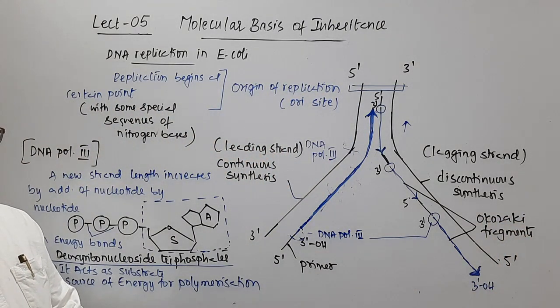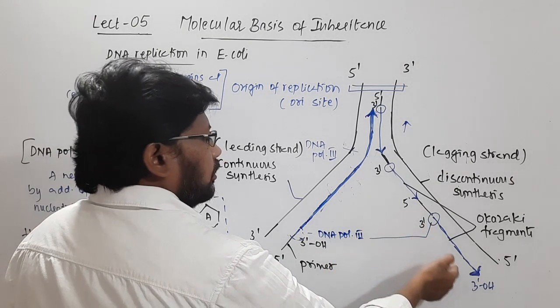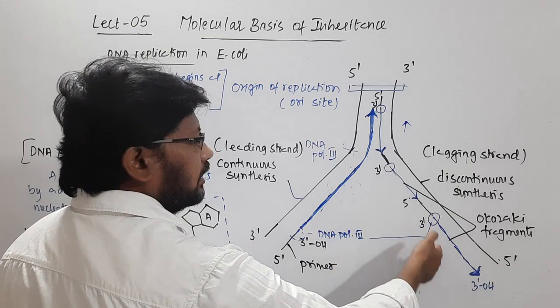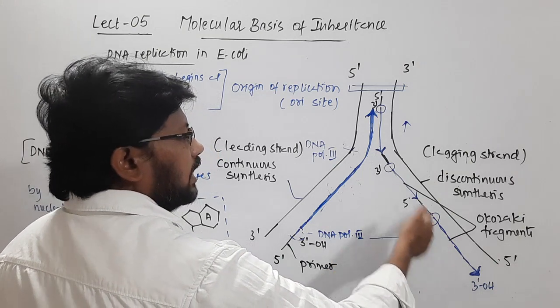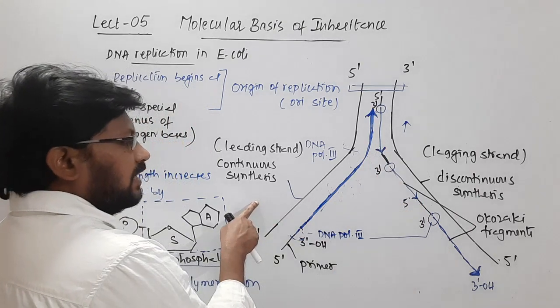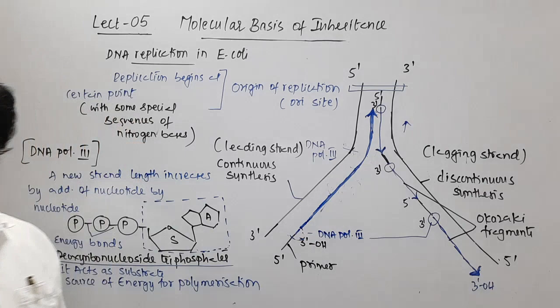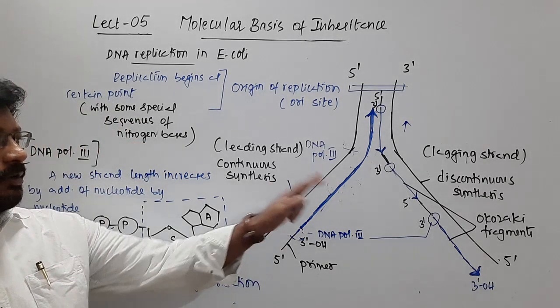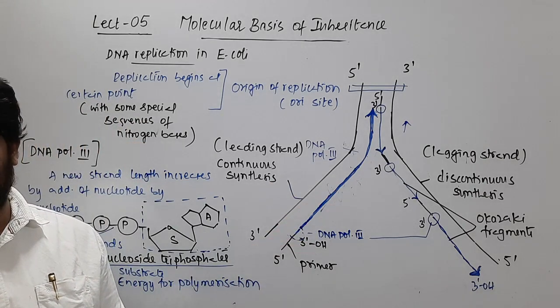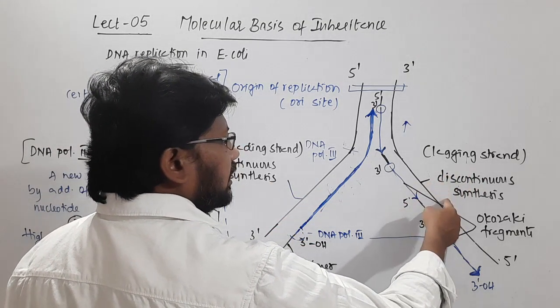So he came to know that on one strand, the newly synthesizing strand will be synthesized in fragments, not at a stretch. Only on one strand will the newly synthesizing strand be at a stretch, whereas on the opposite it will not be. So that's why this becomes the discontinuous strand.